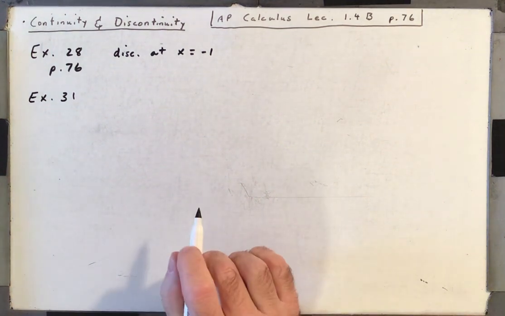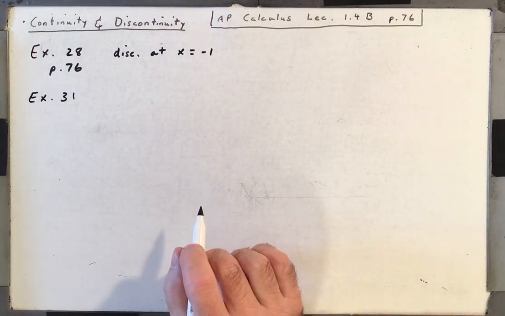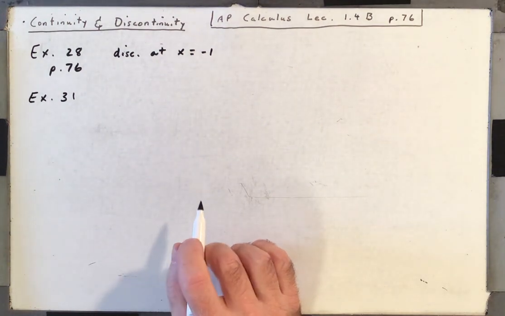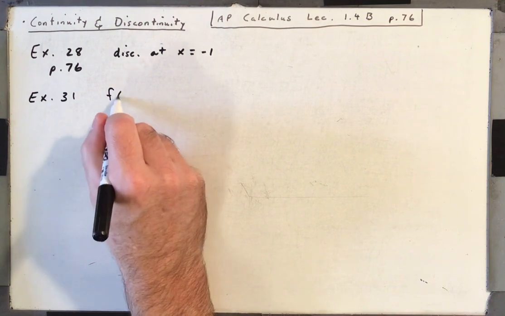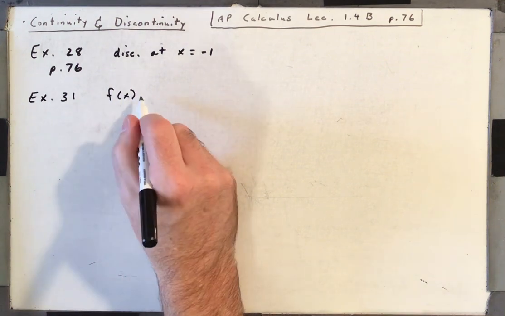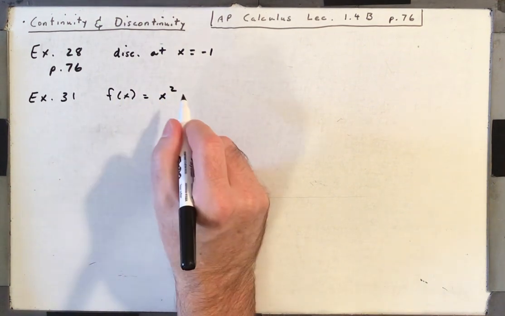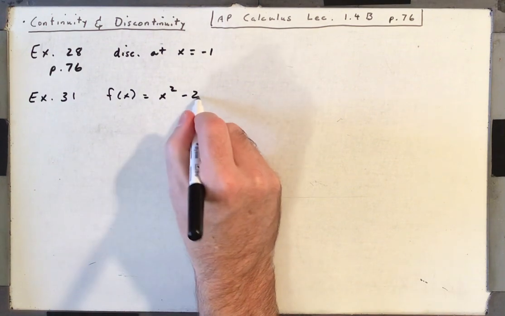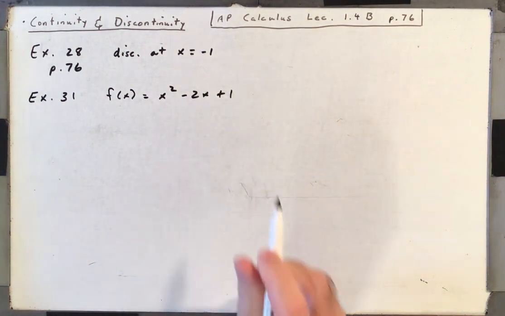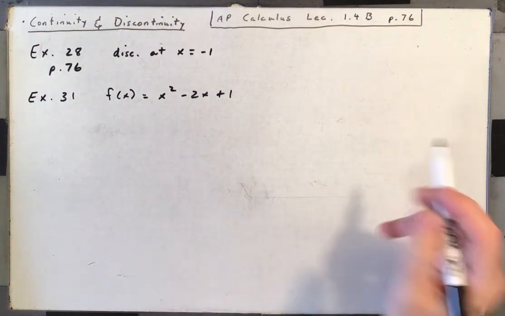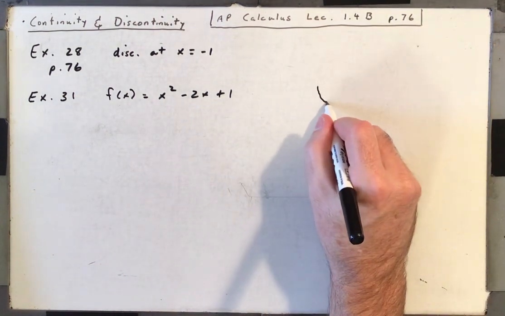So let's look at 31. That one says find the x values at which f is not continuous and which of the discontinuities are removable. So we have f of x is equal to x squared minus 2x plus 1. Now, see if you can remember, what shape is this? That's just a parabola.